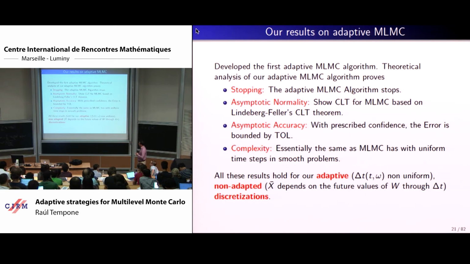You can show that the algorithm stops, that asymptotically you have normality, asymptotically you have accuracy, and what is asymptotic in this case is when tolerance goes to 0, right? There is no notion of h going to 0 because h is gone, right? So the only parameter that drives the discretization here is the accuracy constraint, given by tol. So when you look at asymptotics in this context, it is when tol goes to 0.